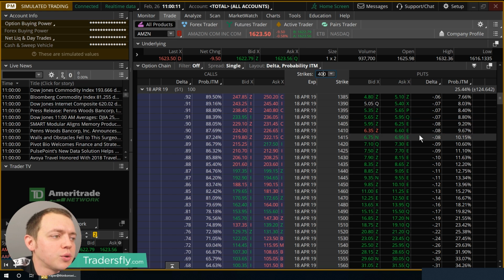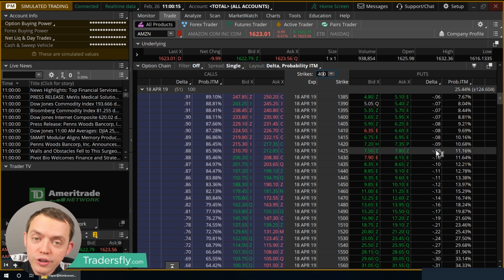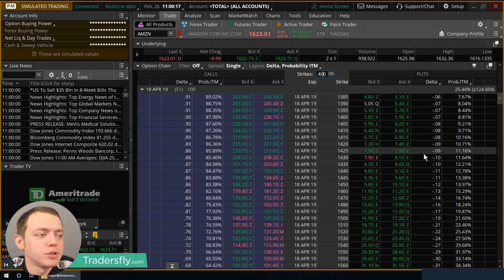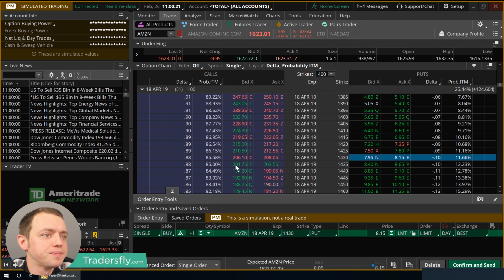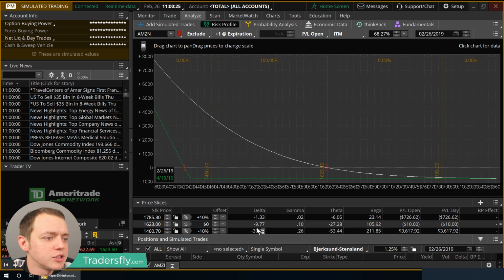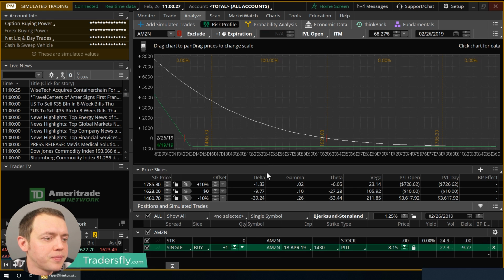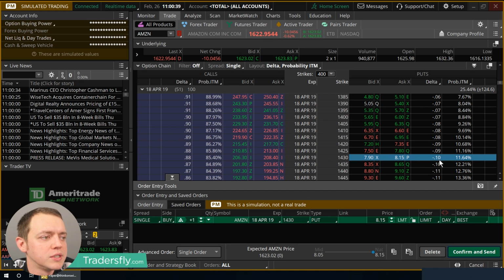Now, what I also want you to understand is delta refers to the movement for the dollar value, right? So if I go ahead and buy this single and I analyze this trade, take a look. This delta right here is negative 0.977. This is the 1430, and if we go 1430, you have a delta of about negative 0.10.